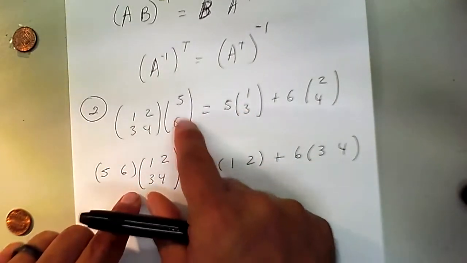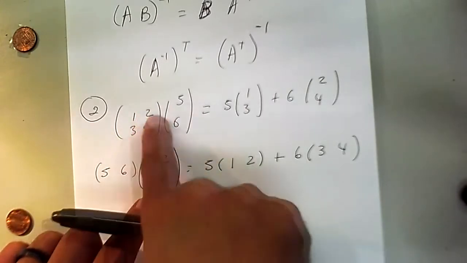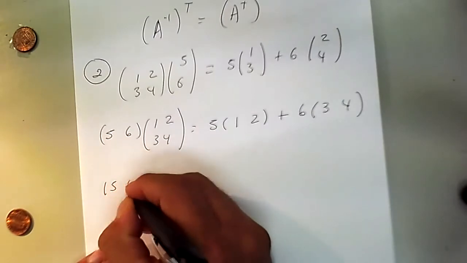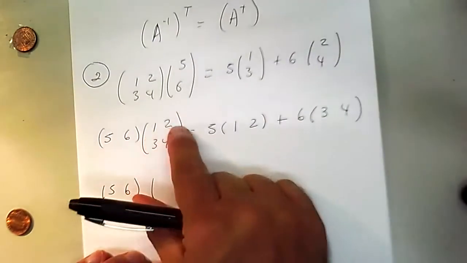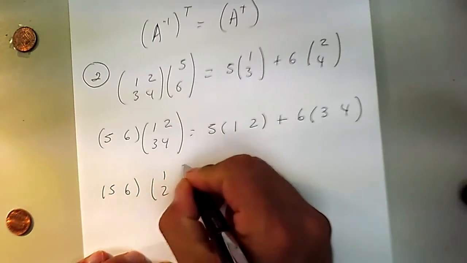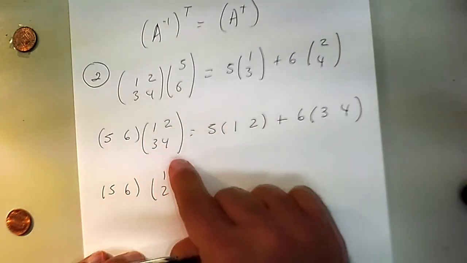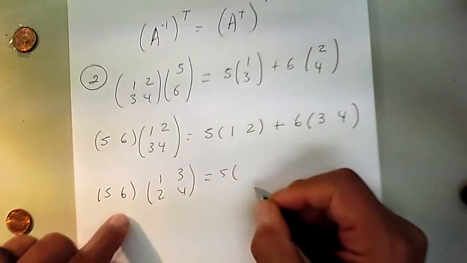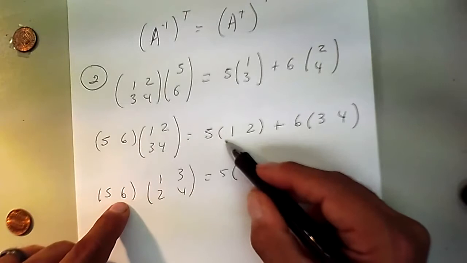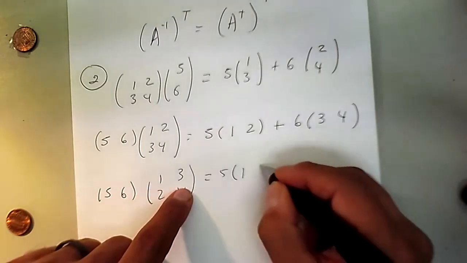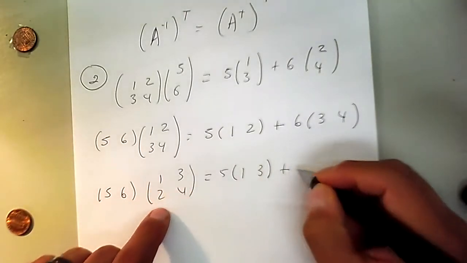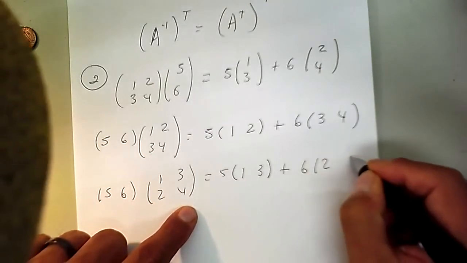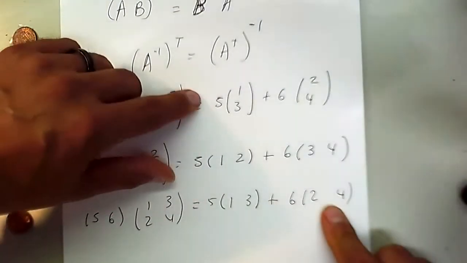If we switch this to the other side and do the transposition, if we were to do 5, 6, and change these rows into columns, then we end up with 5 times the row 1, 3 plus 6 times the row 2, 4, which is very much the same as that.